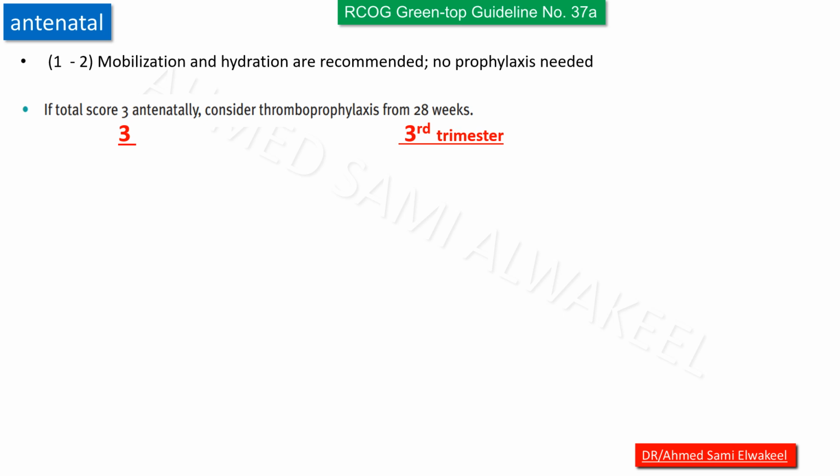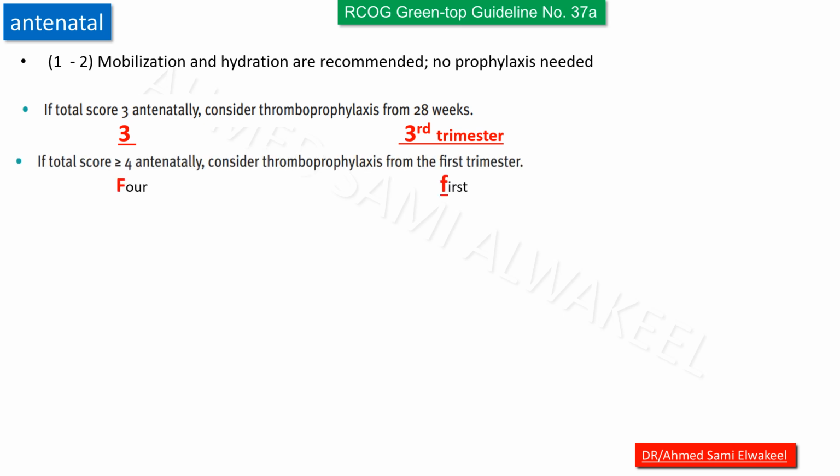We have 3 score and 20-week mean third trimester. So if we have score 3 antenatal, we will start from the third trimester, 3 for 3. And if total score more than or equal 4 antenatal, consider thromboprophylaxis from the first trimester.